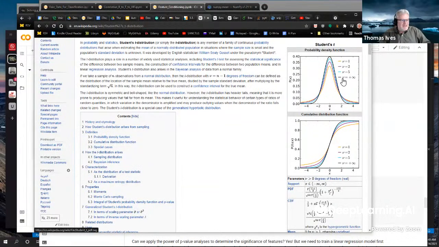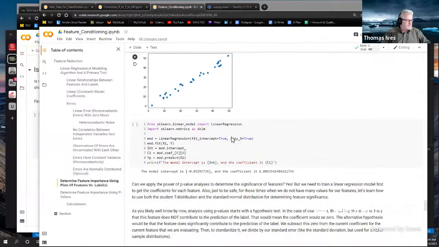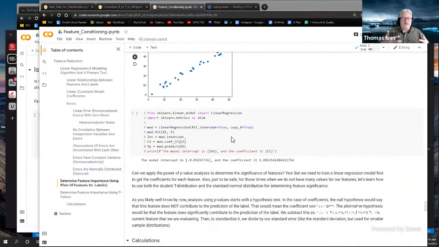And then as the degrees of freedom, meaning the number of samples minus 1, approach infinity, the t-distribution approaches the normal distribution. But as we get to 100, 120, you can go back to the normal distribution, no problem.